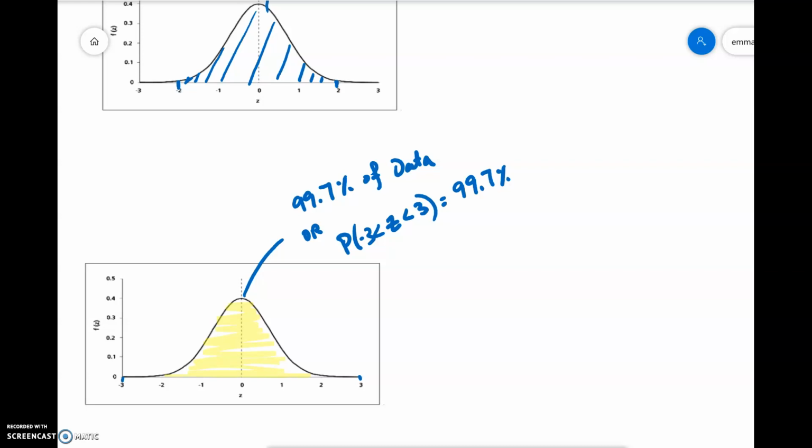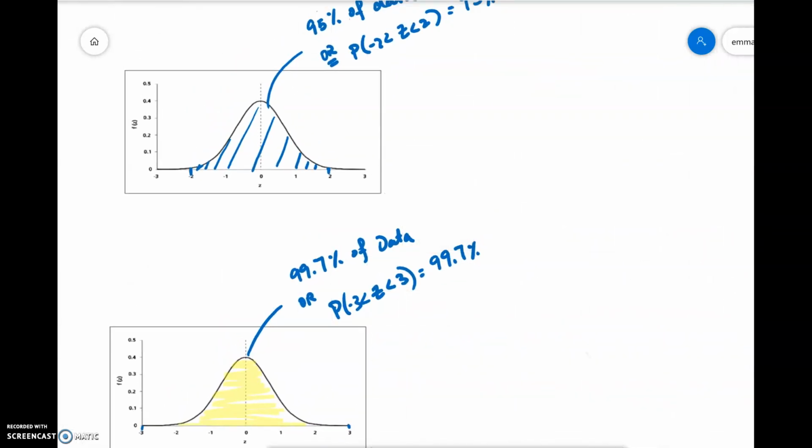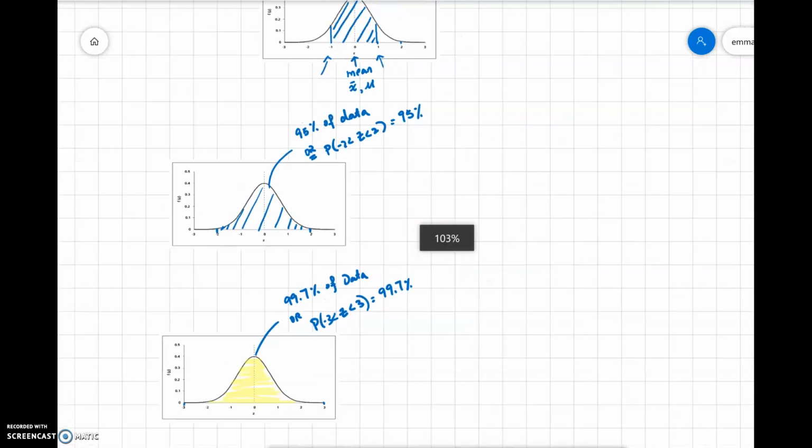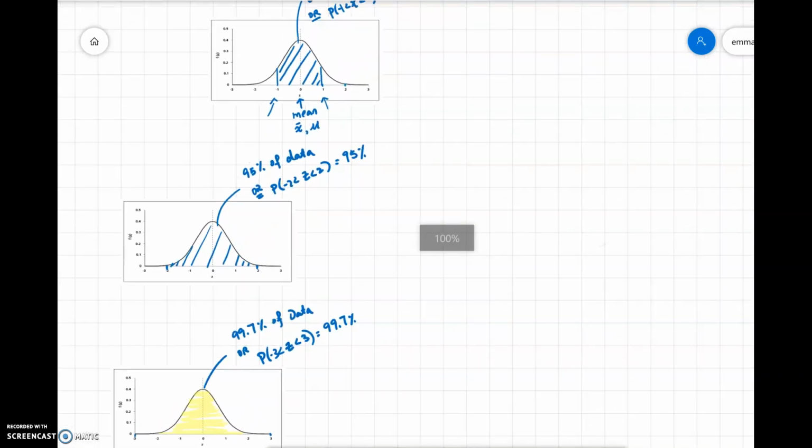Okay, so that is the empirical rule. We can also use this to come up with any other different type of area under the curve.